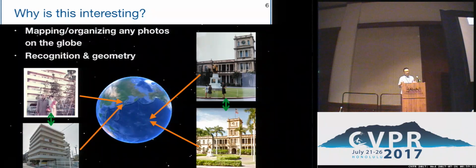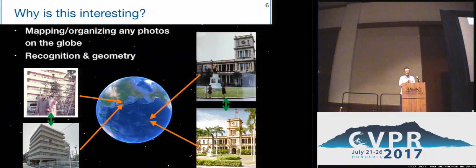But if you want to archive any historical photos for the next generations, I think it will be meaningful to organize them on the map, on the globe. So I think visual place recognition can do that job, and we can essentially localize the photos taken at all times, or even the scans of the photos.